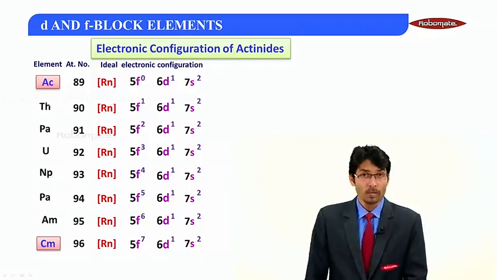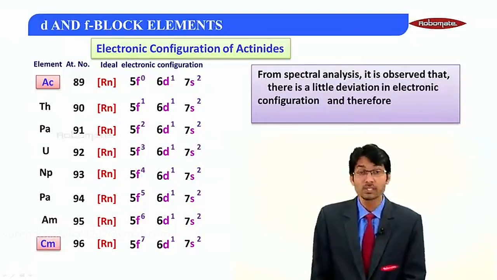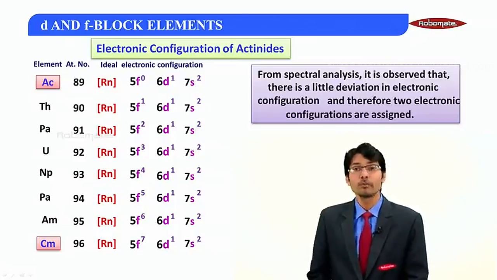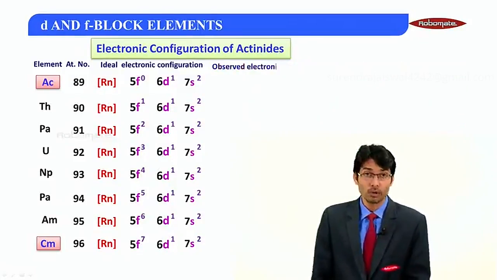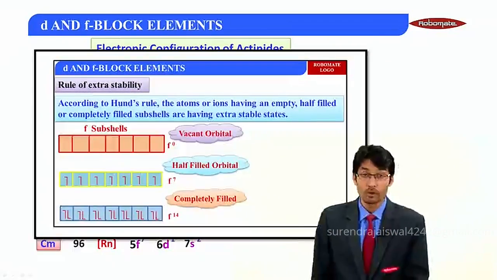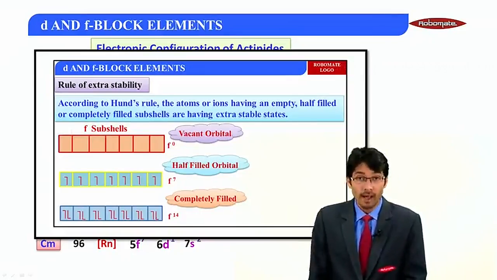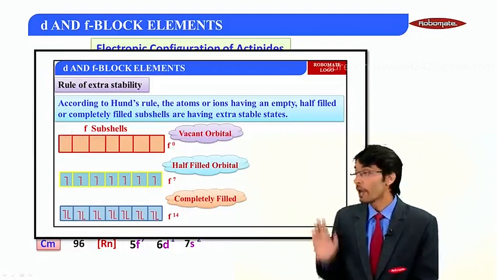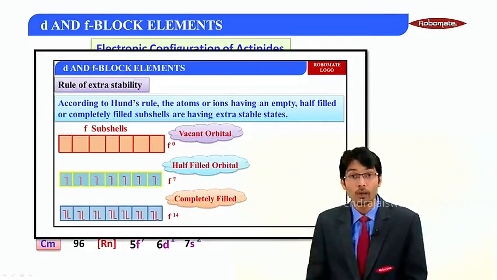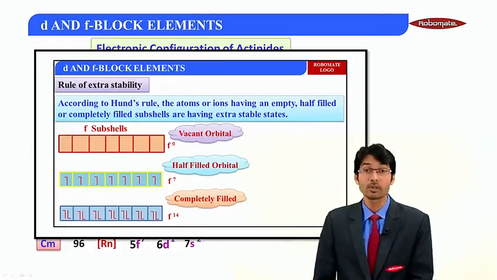Now these elements also show a different electronic configuration. This is due to spectral analysis, which shows a little deviation from the ideal or expected electronic configuration. For this, we first have to consider the rule of extra stability, as we discussed earlier. All atoms and ions with f0, that is vacant orbitals, f7, half-filled orbitals, and f14, completely filled orbitals, have an extra stable state.